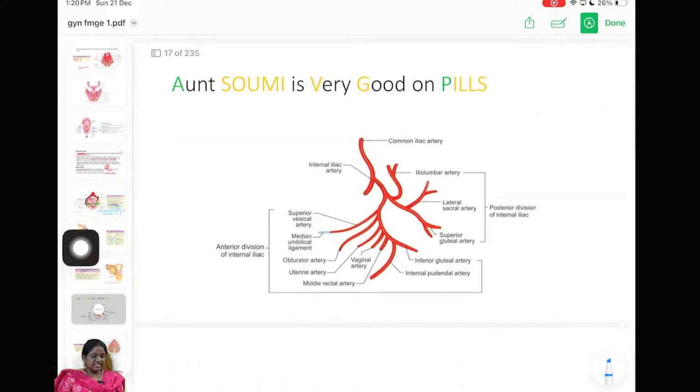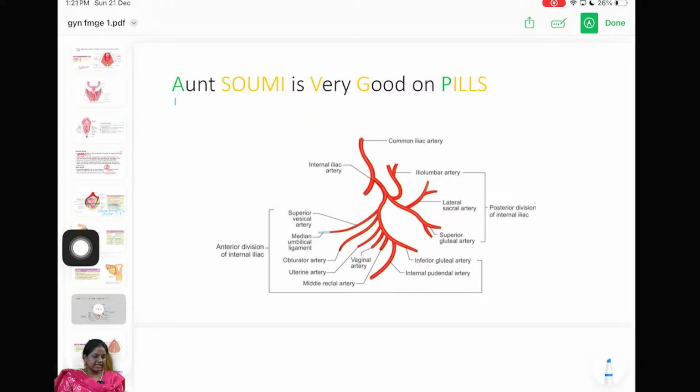Internal iliac artery. The internal iliac arteries are the major supply to the pelvic tissues. Remember this mnemonic for the branches of the arteries. Here it is "Soumi is very good on pills."